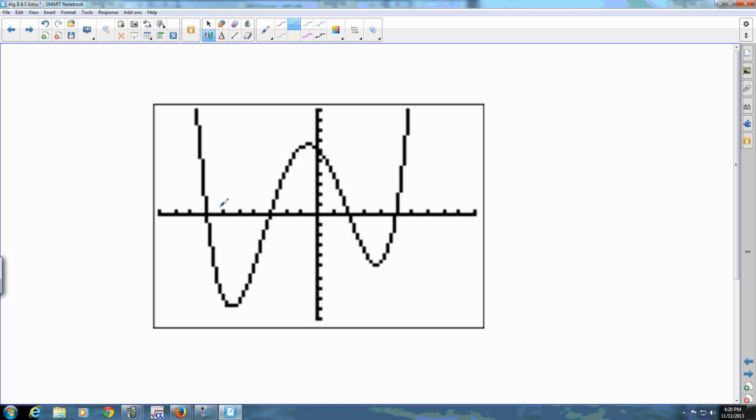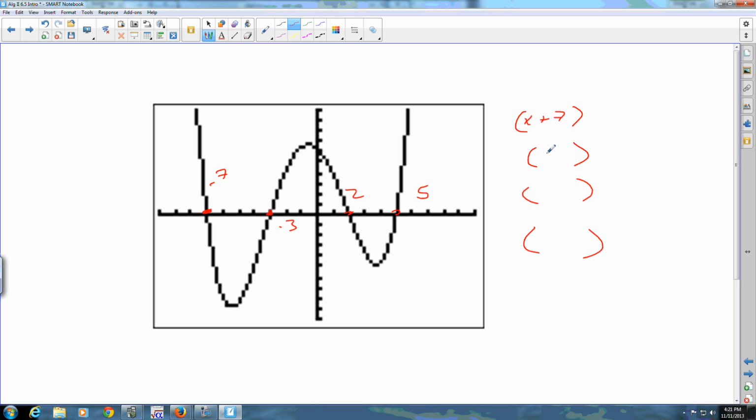This one. You're given a graph and you're looking at these x-intercepts. You've got an x-intercept of 1, 2, 3, 4, 5, 6, 7. Looks like negative 7, negative 3, 2, and 5. So the factors are going to be x plus 7.